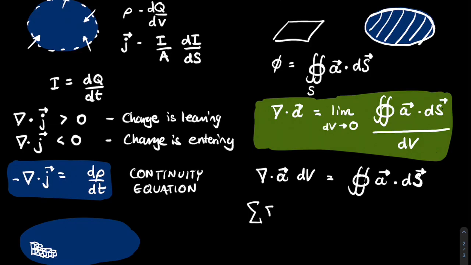And what are we going to have on the right hand side if we do that? Well, we're just going to add together all of the various net fluxes in and out of each of the infinitesimal volumes. So we're going to have the sum of an integral right here. I know it's looking a little bit ugly, but bear with me, because if we take the infinitesimal limit, then this sum is an integral.